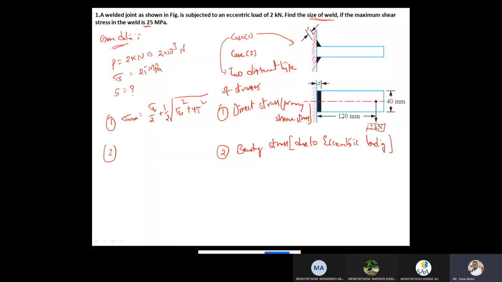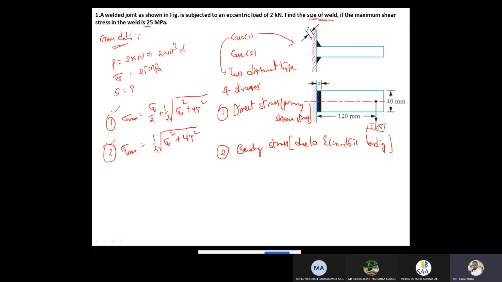The next is the maximum shear stress theory: tau max equals 1 by 2 into square root of sigma b square plus 4 tau square. We adopt these because two different types of stresses are acting on this element.